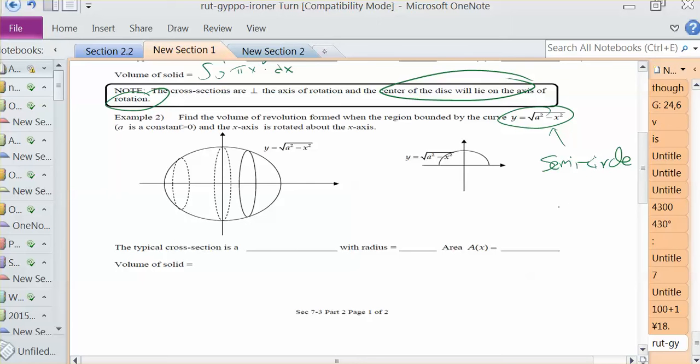Now, if it rotates about the x-axis, again the typical cross-section is going to be a disk. In this case, our radius is going to be root a squared minus x squared. And the area is going to be pi times the square of all that. So the volume of the solid.